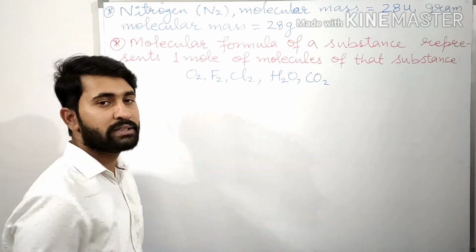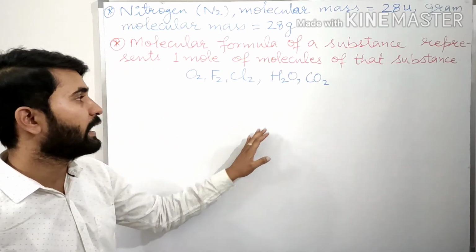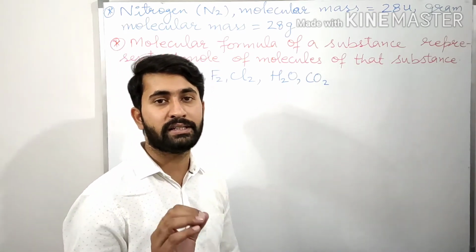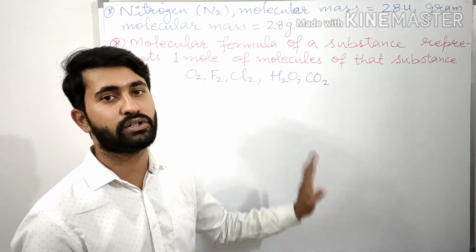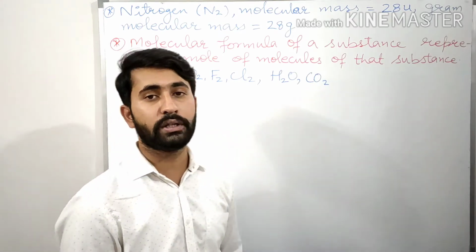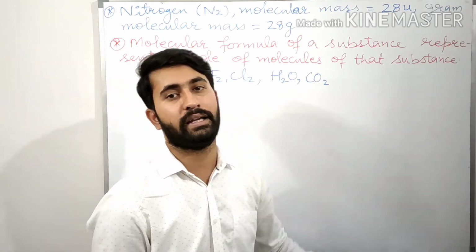F2 represents 1 mole of molecules of fluorine, and H2O represents 1 mole of molecules of water. Then CO2 represents 1 mole of molecules of carbon dioxide.